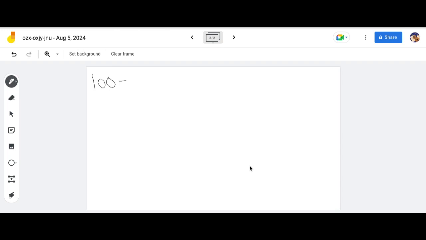Known as box bracket, box or square bracket. After that 20 plus, and then curly bracket 50 minus circle bracket.